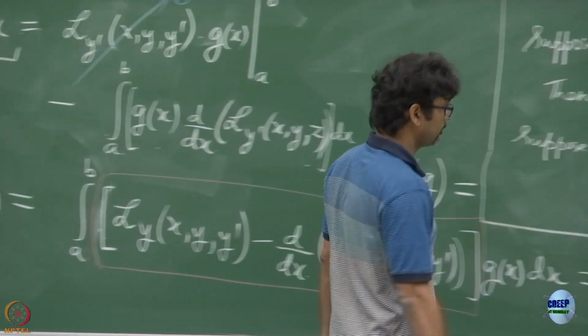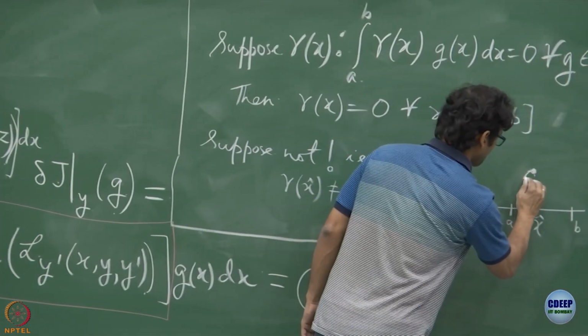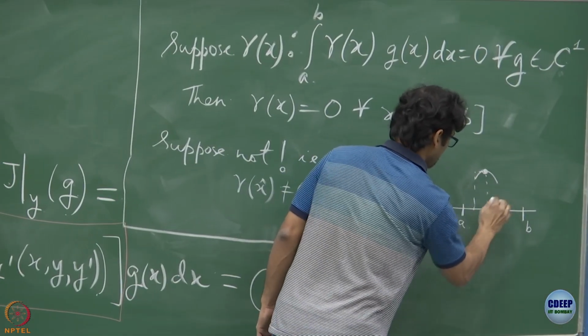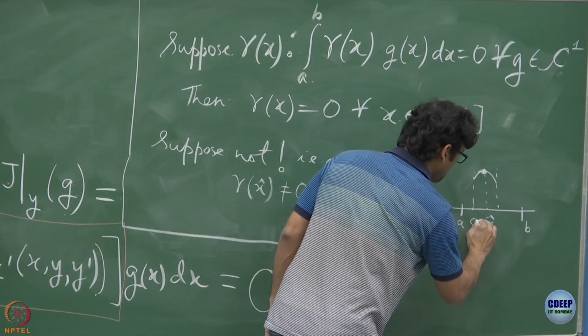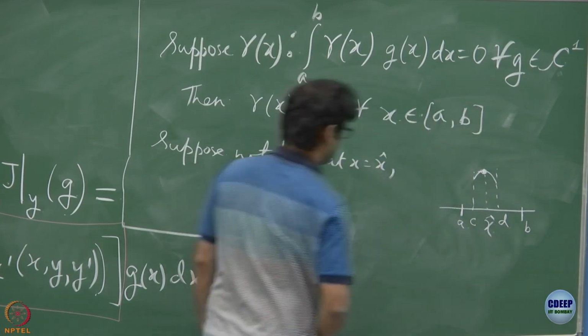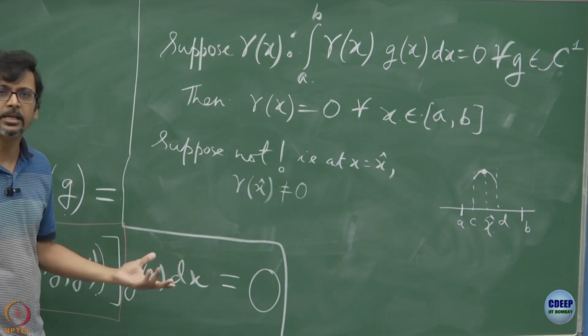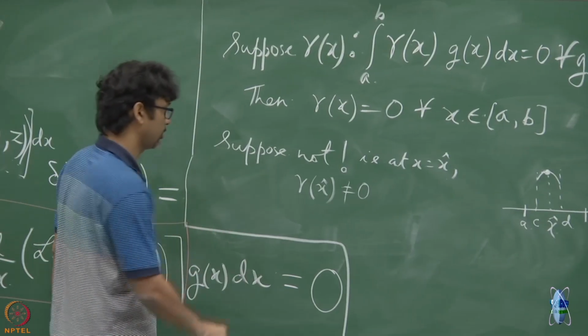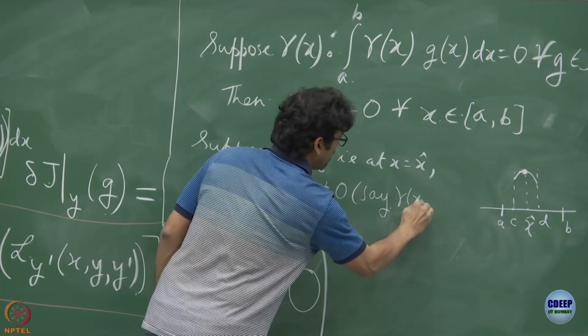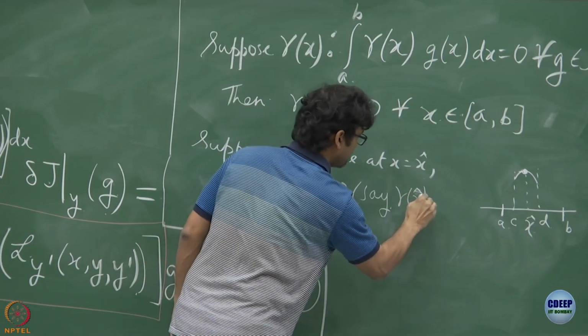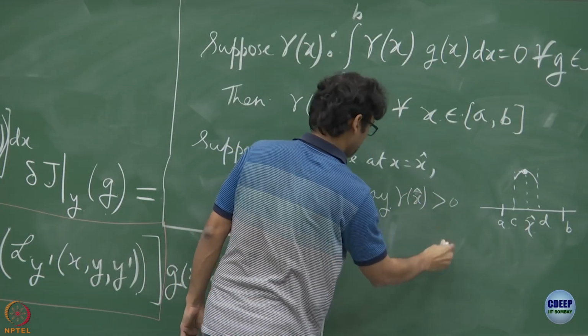So therefore, let us say this is a subinterval, say C to D, in which gamma x hat is greater than 0.